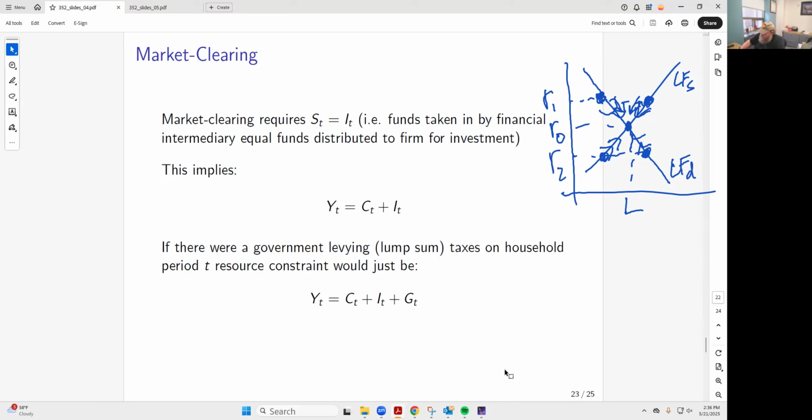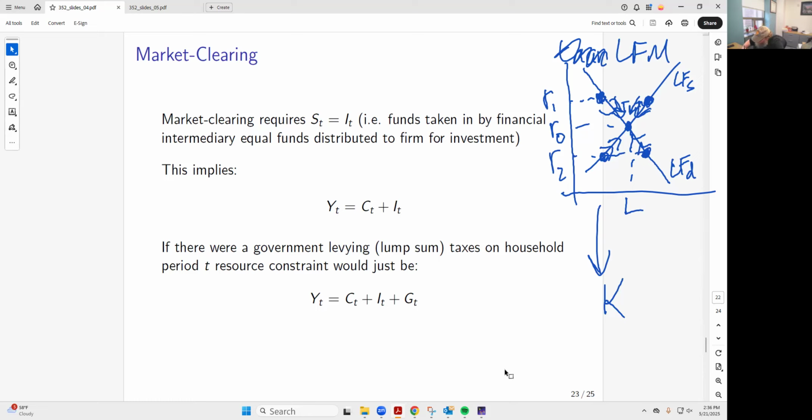Now, beyond just the loanable funds market, this then translates over into the entire macroeconomic system. Because again, the loanable funds market ends up being where we get capital purchases, where we get capital investment from.